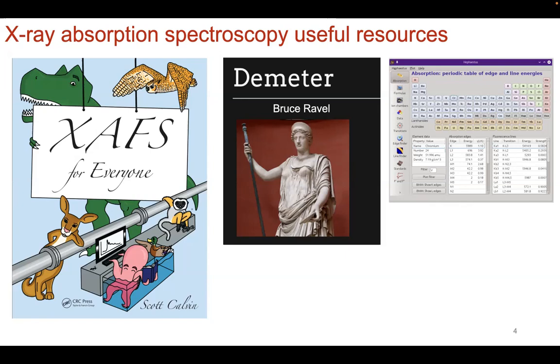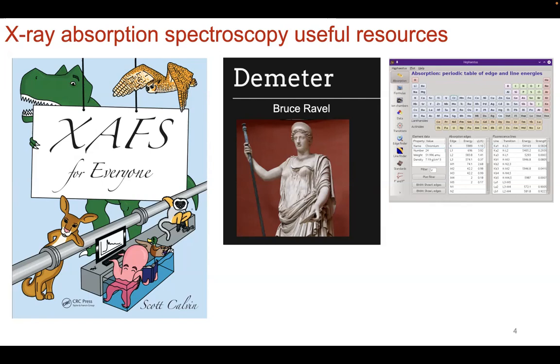In terms of software, for many years now, Bruce Ravel of NSLS, the NIST beamline at NSLS at Brookhaven, has provided the community with a software that is extremely useful for data processing. It used to be that you really had to do inline processing at the terminal, which is fine.